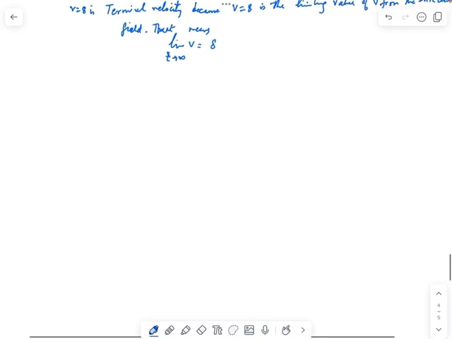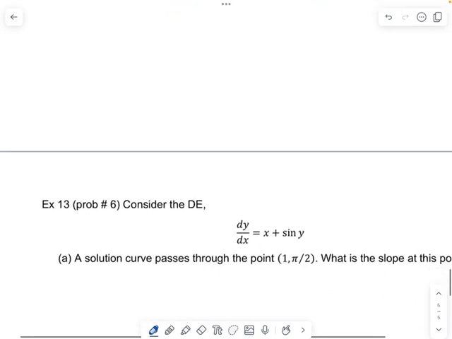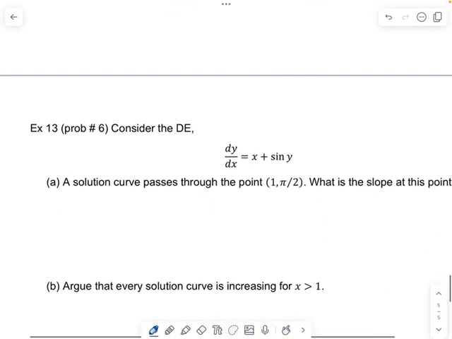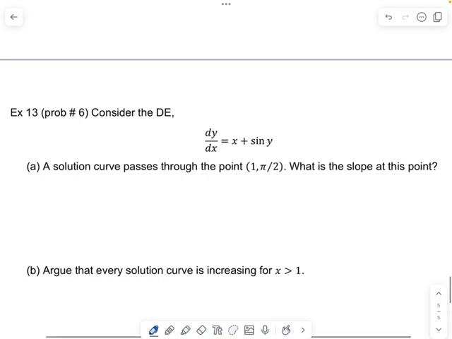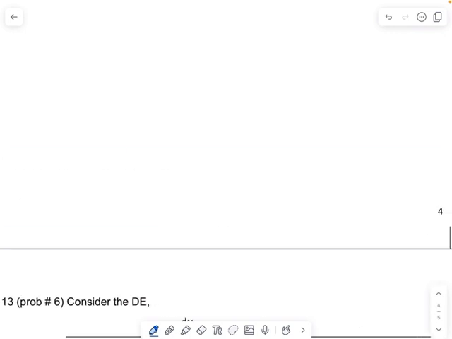Okay, another example from the exercise, problem number 6. It says, consider the differential equation dy by dx is equal to x plus sine of y. Now this one, I cannot show you the solution yet, like the ones I showed you in the previous video.